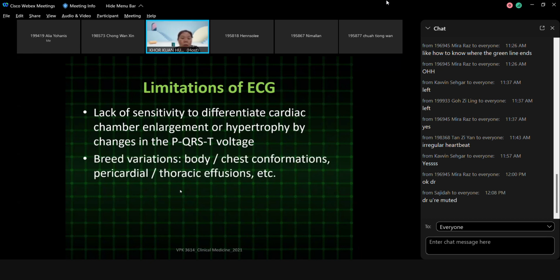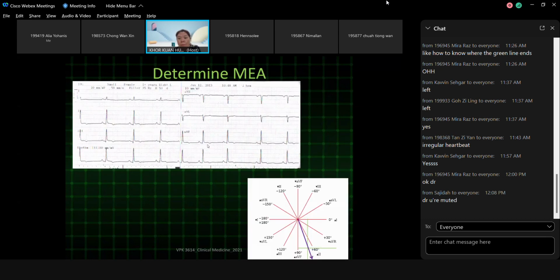Breed variation also limits interpretation, as do chest conformation, pericardial disease, or thoracic effusion. It will give you electrical alternans, and sometimes you might not evaluate it properly because of all these influences. Now, this one is our homework later.